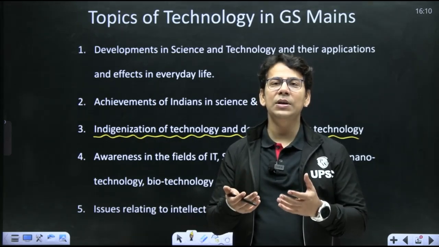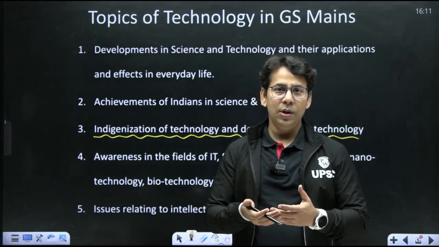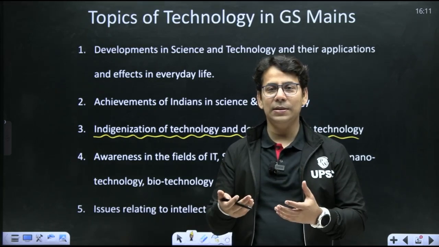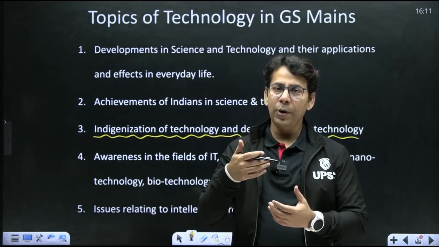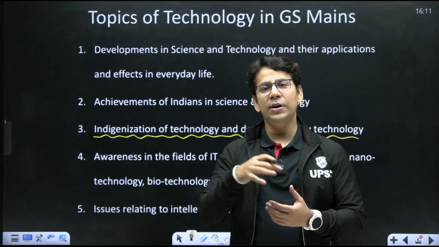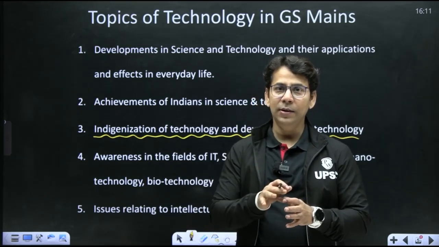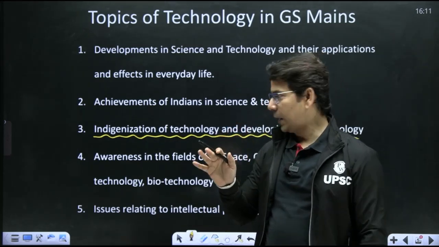In fact, India is only the 7th country in the world to have a dedicated quantum mission. They might not ask about the National Quantum Mission directly, but once they ask about the development of quantum computing or quantum technology and their different aspects, we need to mention this. Rather, the majority of the information will come from this mission only, right?